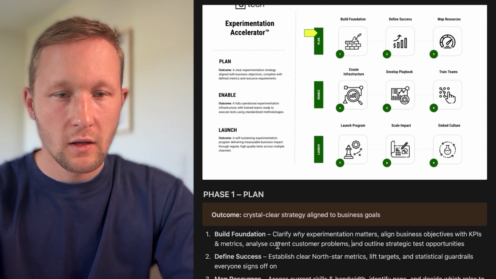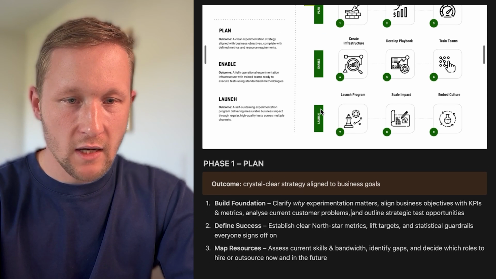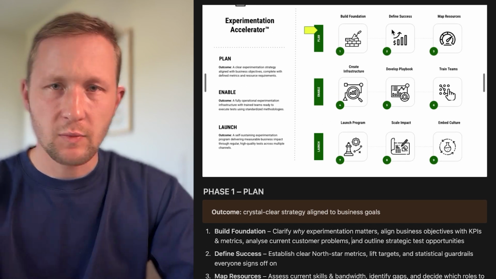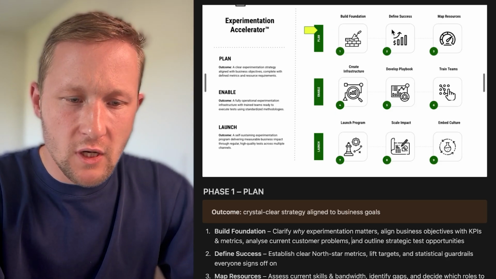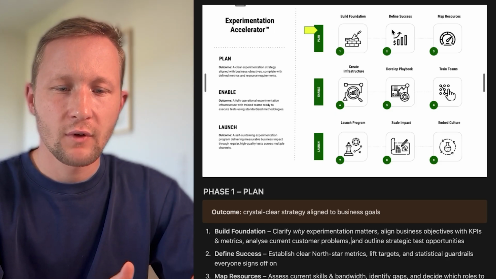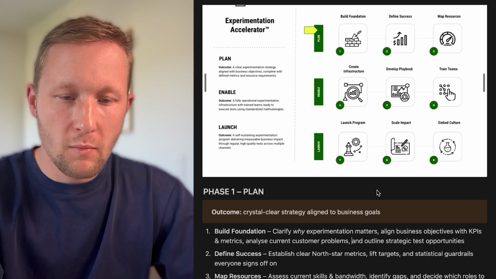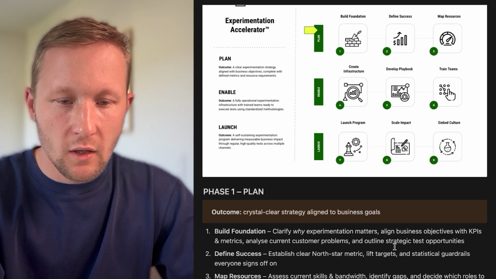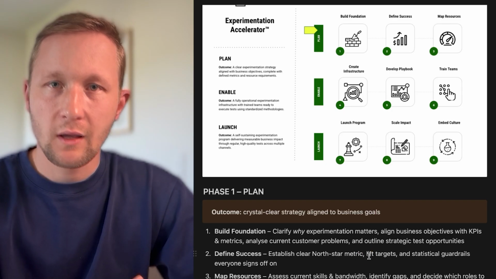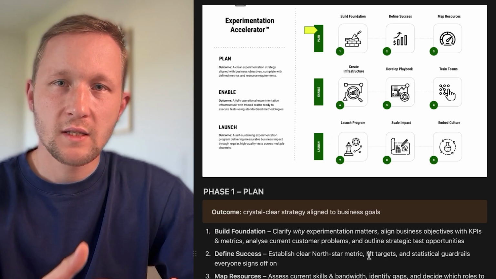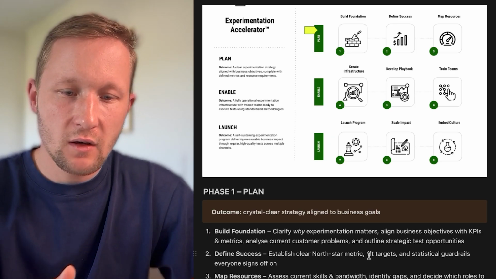All right, then. Our next one is defining success, because what's the point of experimenting if we do not have a clear North Star metric, and this should be singular here, or lift targets? What is the incentive for us to do any of that, right?